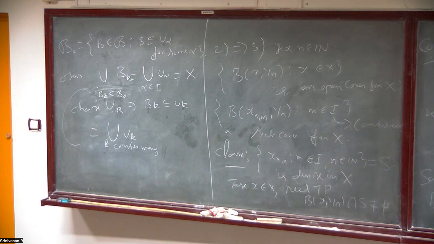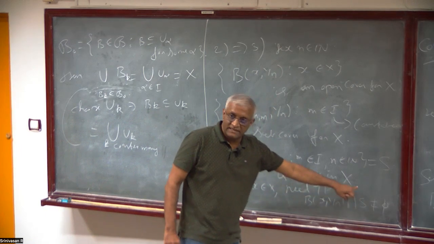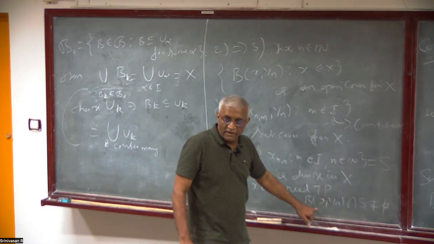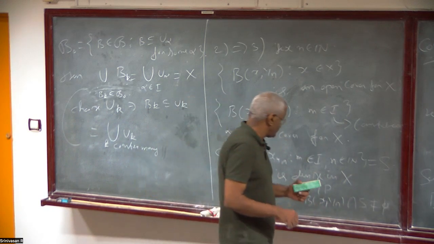To prove density, you take any open ball, but it's enough to take an open ball with 1/n. If you have some B(x, r), then you can take a 1/n less than that r and work with that. So we have to produce an X_{n,m} corresponding to this, which is contained in this ball.